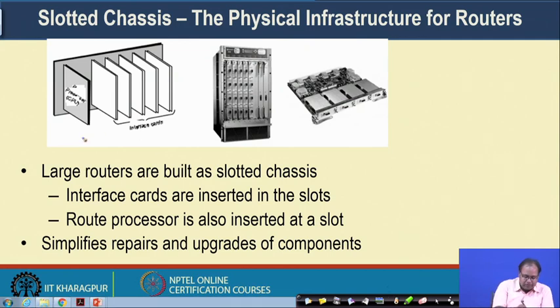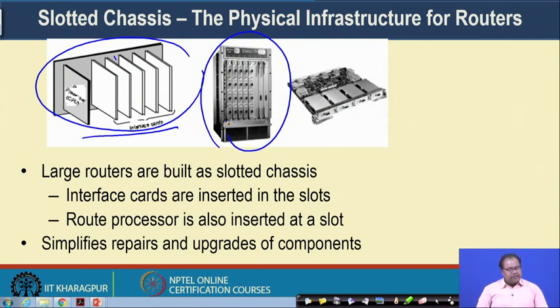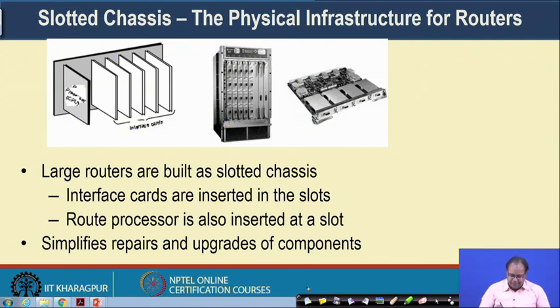Individual interface cards are inserted into these slots, and the route processor is also inserted in a slot, and then the entire router architecture looks something like this. We will show a demo of this in subsequent classes. This slotted chassis based architecture simplifies the repairs and updates of components inside a router.